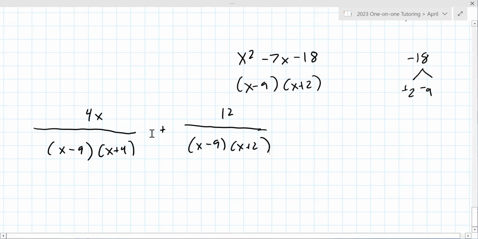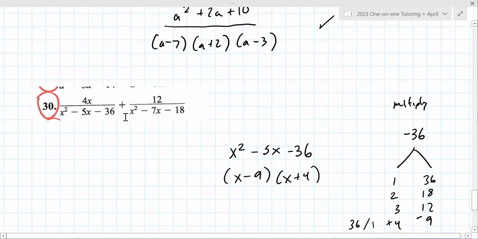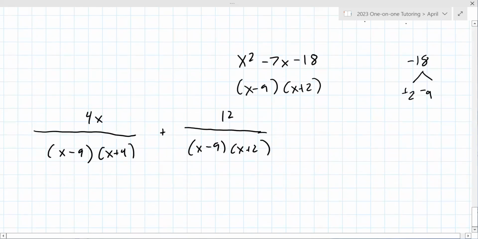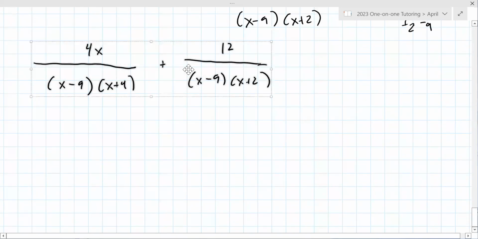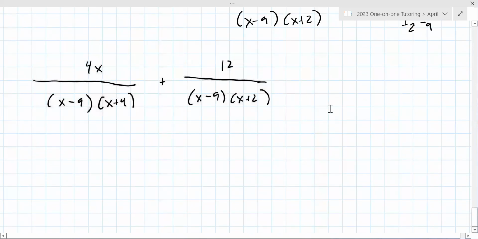All right, so our original problem, which is up here, we factored the two bottoms, and I've just rewritten it down here for you. So just like in the last problem, what am I going to ask you here about the bottoms? If any are the same. Are they the same? Yeah.